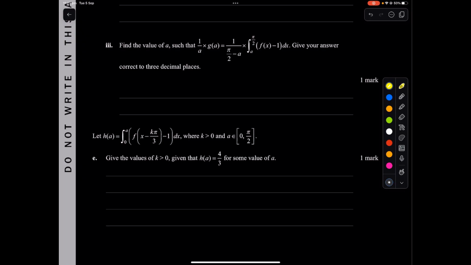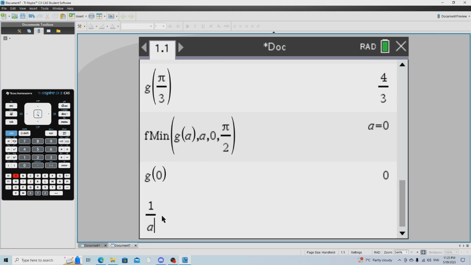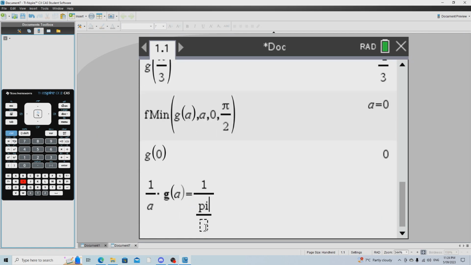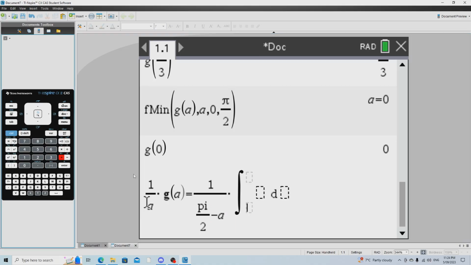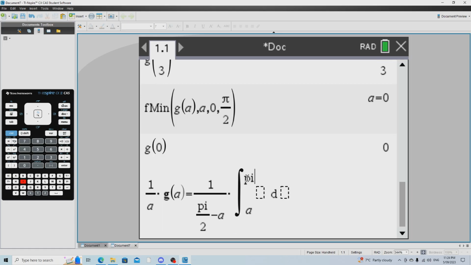Okay, so I think I'll do this on the calculator. Alright, so 1 over a times g of a equals 1 over (pi over 2 minus a) times the integral from a to pi over 2 of f of x minus 1 dx.